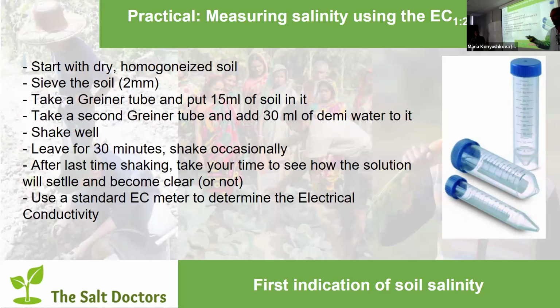If it stays cloudy forever, it means you have lost your soil structure. It has become impenetrable for water, because clay soils want to aggregate. They should aggregate into soil aggregates, and they become bigger particles, and then you still have good water infiltration, good oxygen infiltration.